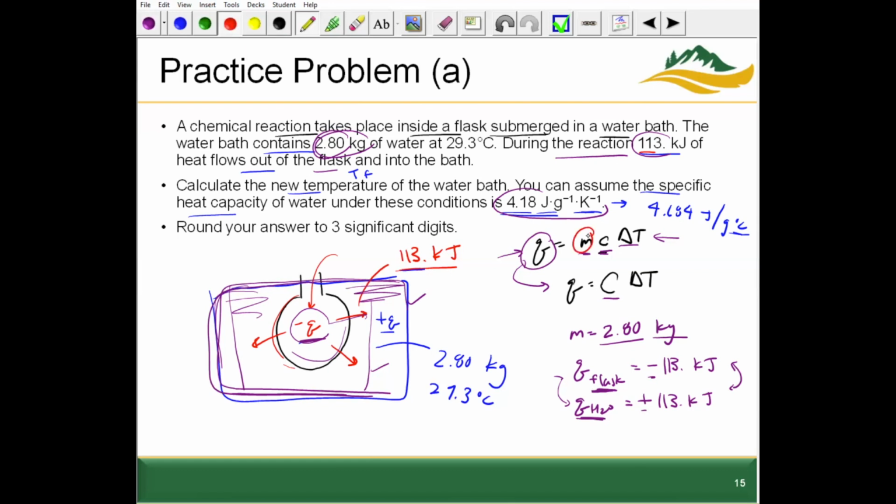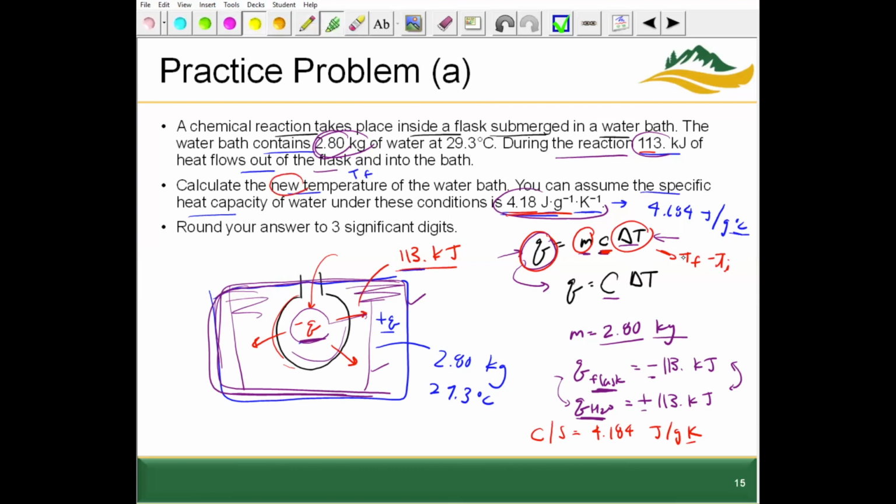So we have a mass, we do have a Q value. We are given the specific heat capacity for water. That is 4.184 joules per gram Kelvin or joules per gram degrees C. Now for this delta T term, we know that is composed of T final minus T initial. Calculate the new temperature of the water bath.